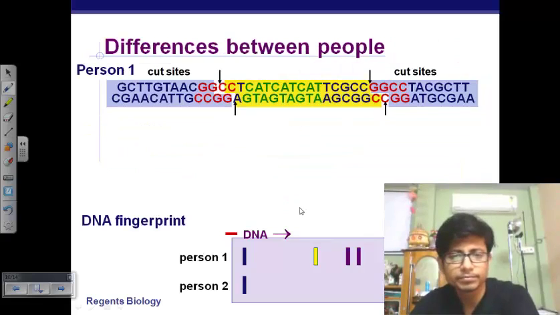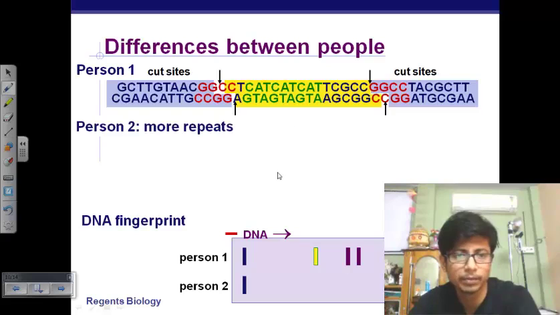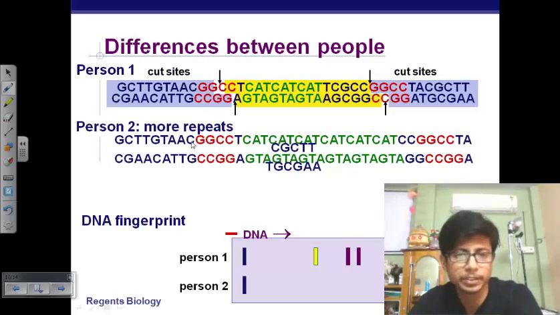Now let's say these are the other two bands that we get. Now let's say we have the second person and allele number 2 here, who has more repeats, say 5 or 6 repeats of that same thing, as you can see, multiple CAT repeats and also GCC repeats. We again do the same thing.